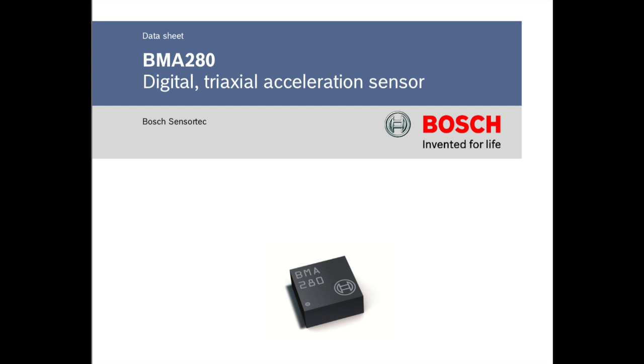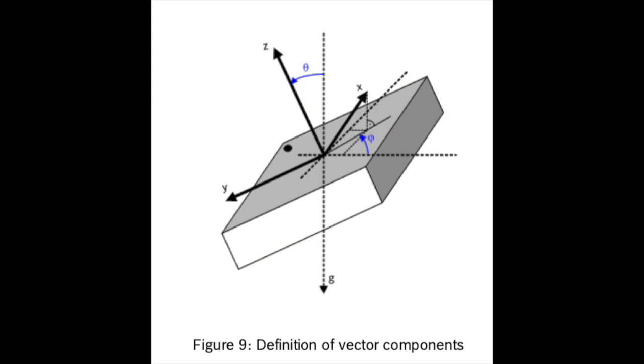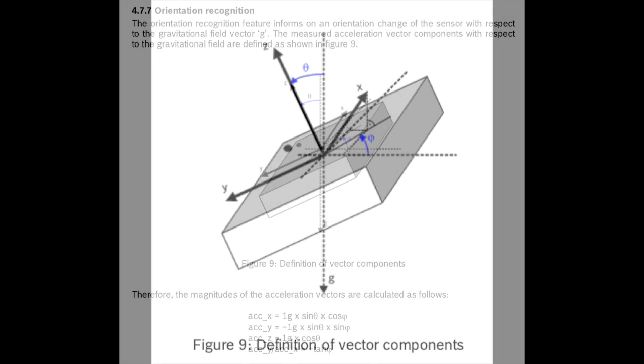Well, folks, say hello to my little friend, the BMA 280 Digital Triaxial Acceleration Sensor from Bosch. One of the many properties of this rather remarkable little chip is that it can sense the direction of gravity and use that to determine its orientation in space.